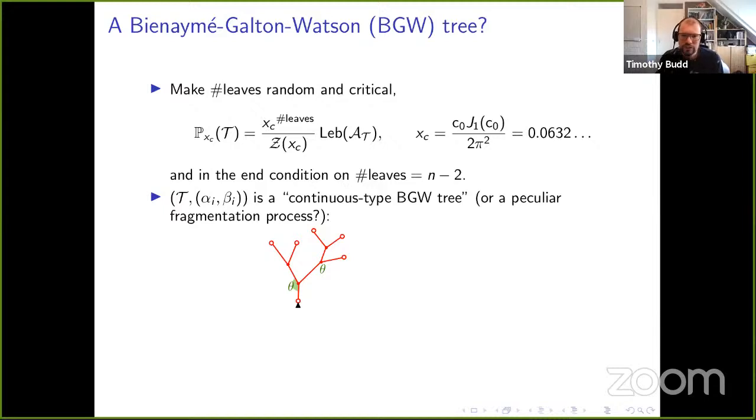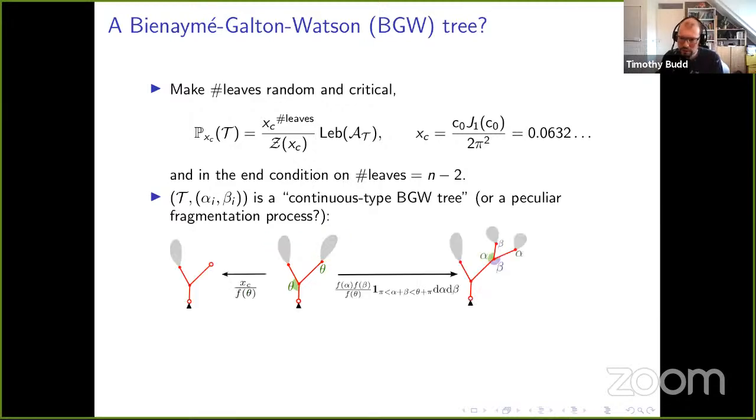But unfortunately, these trees are not of the form of BGW Galton-Watson trees. In a sense, they're continuous type trees. So we could say that to every vertex in the tree, we could assign a type, which is really a real number between 0 and pi. And the offspring distribution of these trees depends on the type.